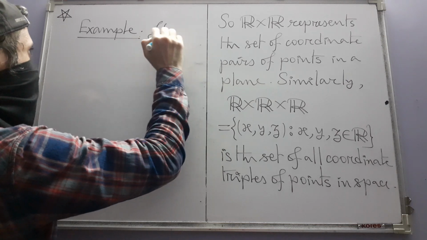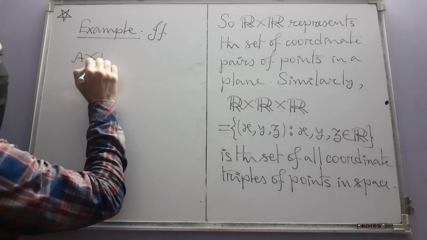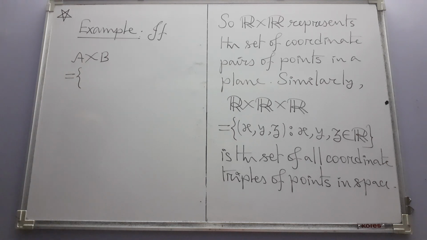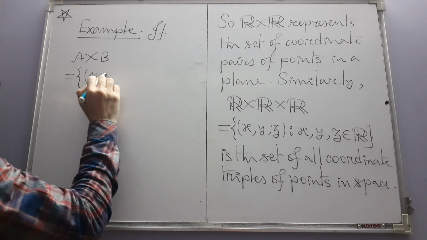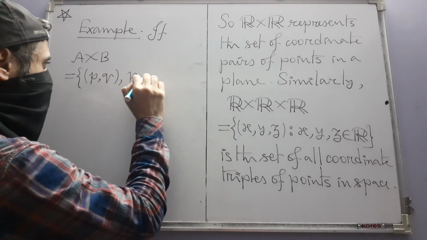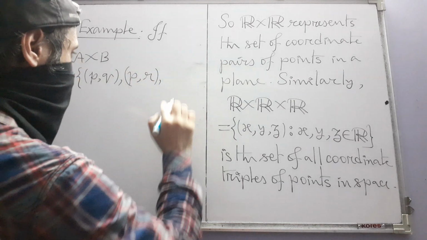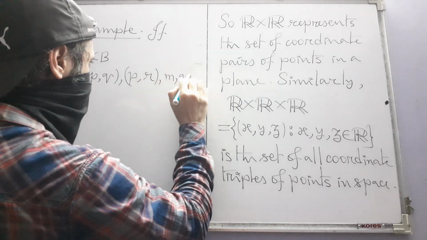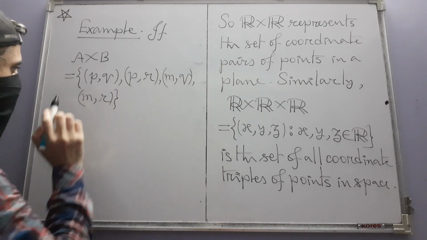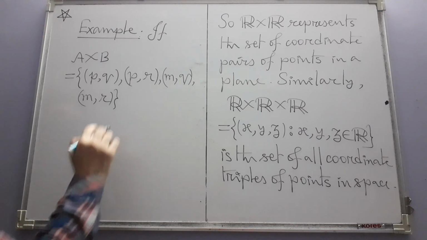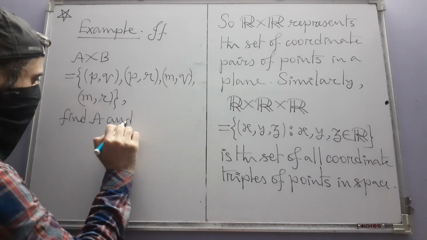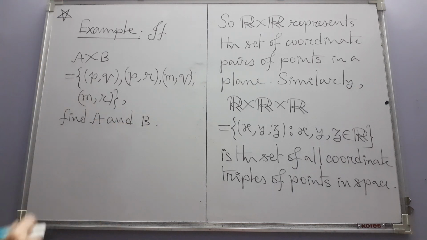If A times B consists of these ordered pairs (P, Q), (P, R), (M, Q) and (M, R), find A and B. So this you have to do by inspection.